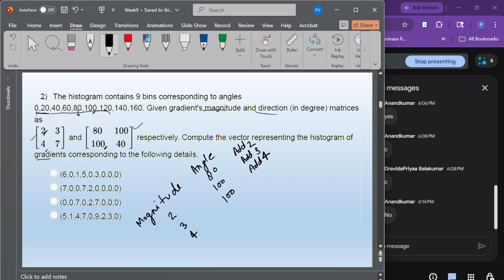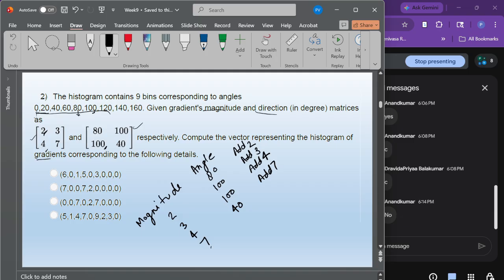Next, the magnitude is 7 and the angle is 40, so at angle 40 we add 7 in the corresponding magnitude.